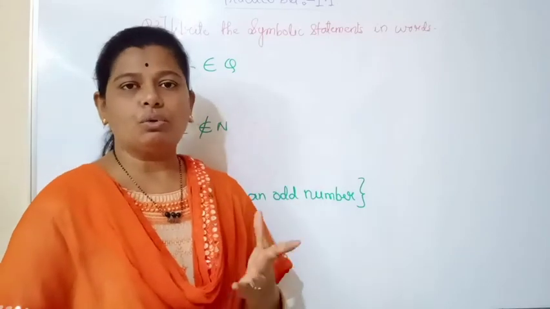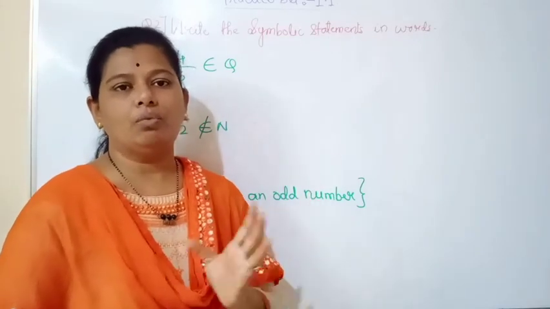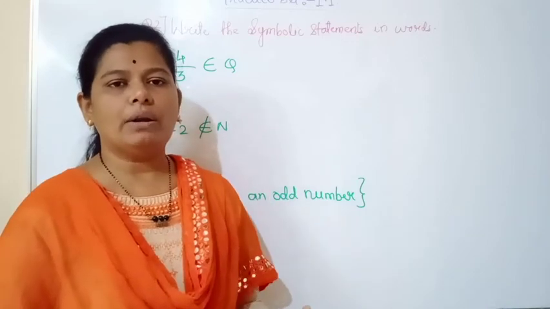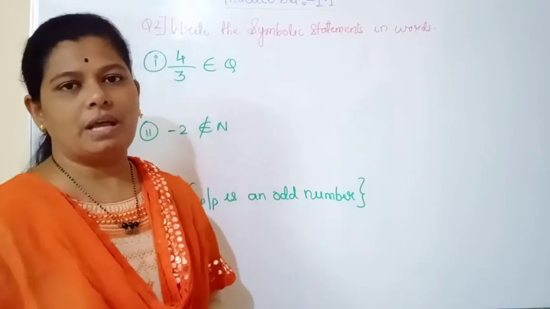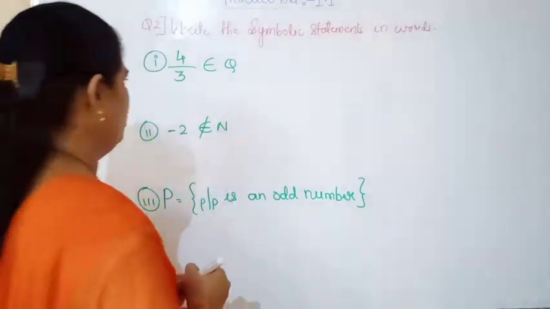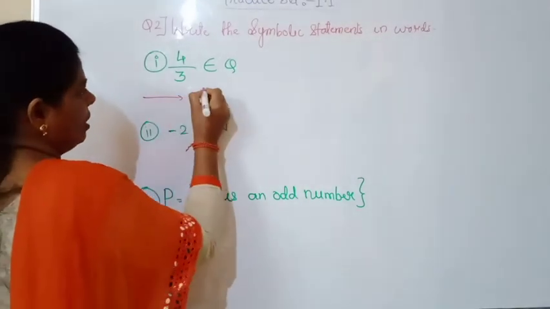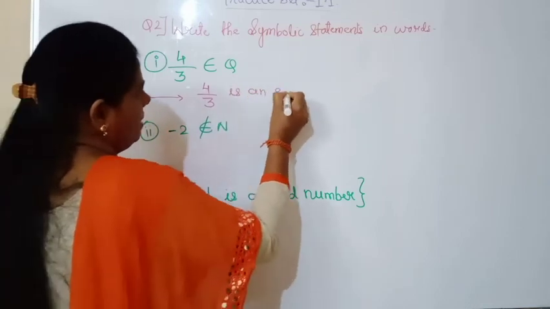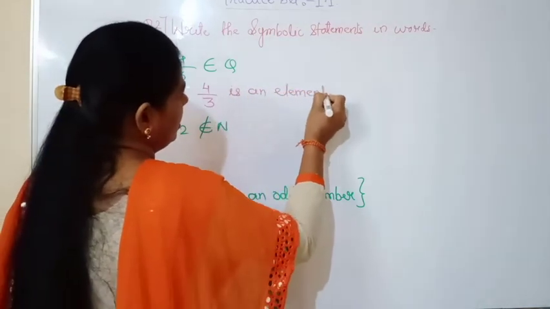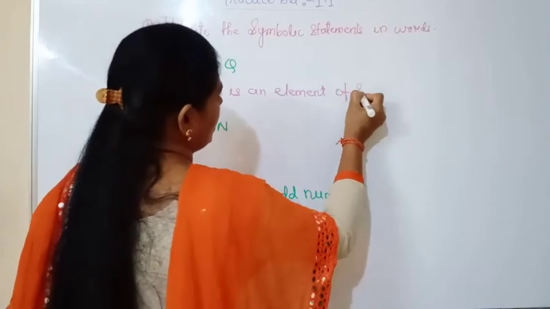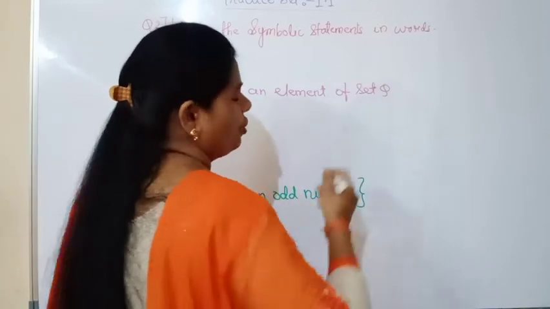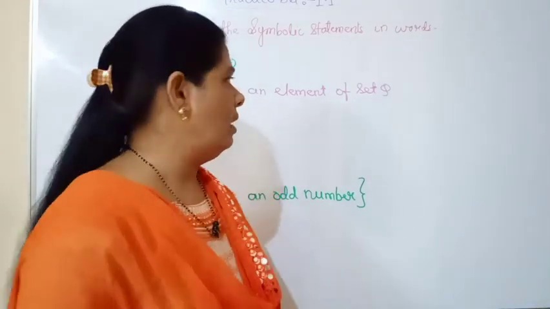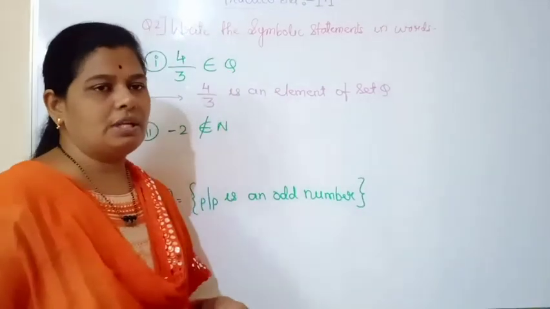So you can write it in word form as 4/3 belongs to set Q, or as 4/3 is an element of set Q. We'll write the statement here: 4/3 is an element of set Q. Or you can also write it as 4/3 belongs to set Q. Any one you can write.